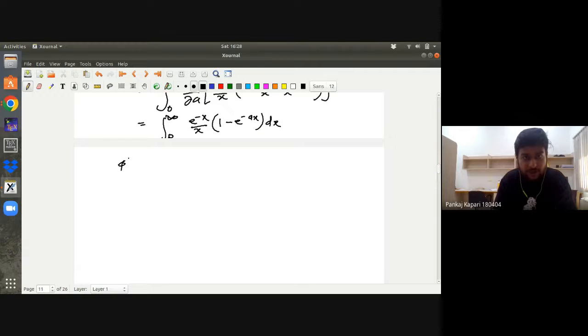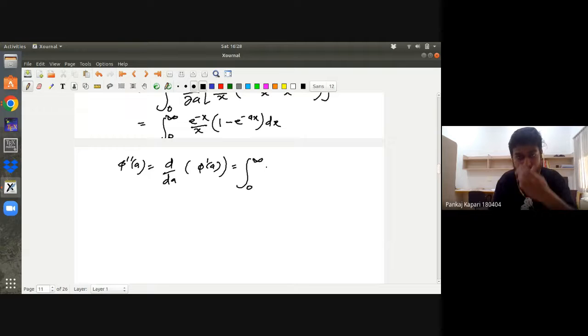That is, we can find the double derivative by the Leibniz rule, d by da of phi prime of a. That will be the integral from 0 to infinity, where we take d by da inside the integral as a partial derivative, of e to the power minus x by x times 1 minus e to the power minus ax dx.